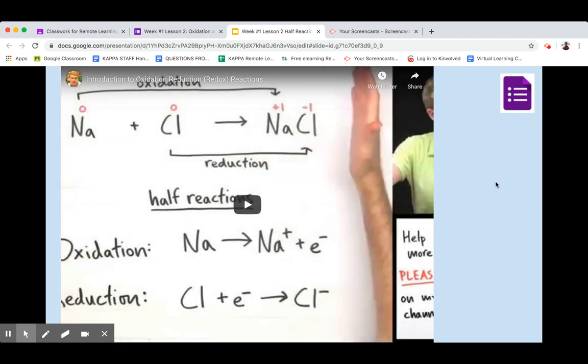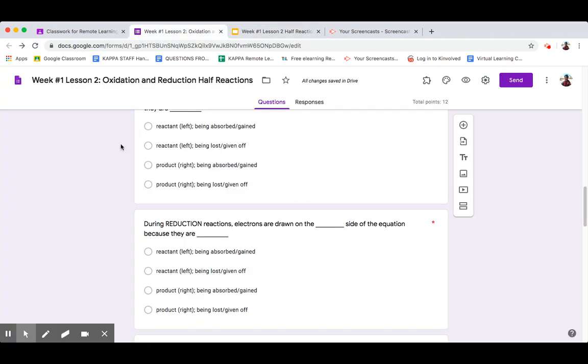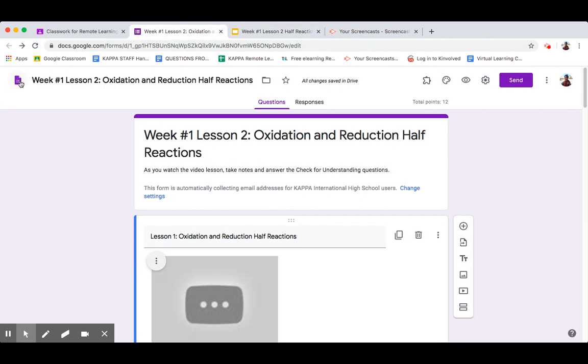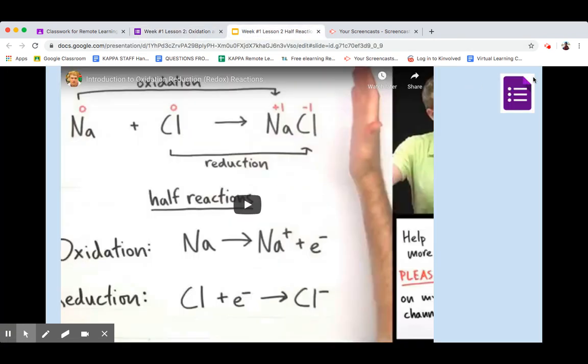So we're going to watch this super thorough video about oxidation and reduction. One thing to point out, this icon in the top right corner is the Google Form icon. Notice it matches this. This means that when there is a video, when this icon is here, there are check for understanding questions that go with what's on the slide.